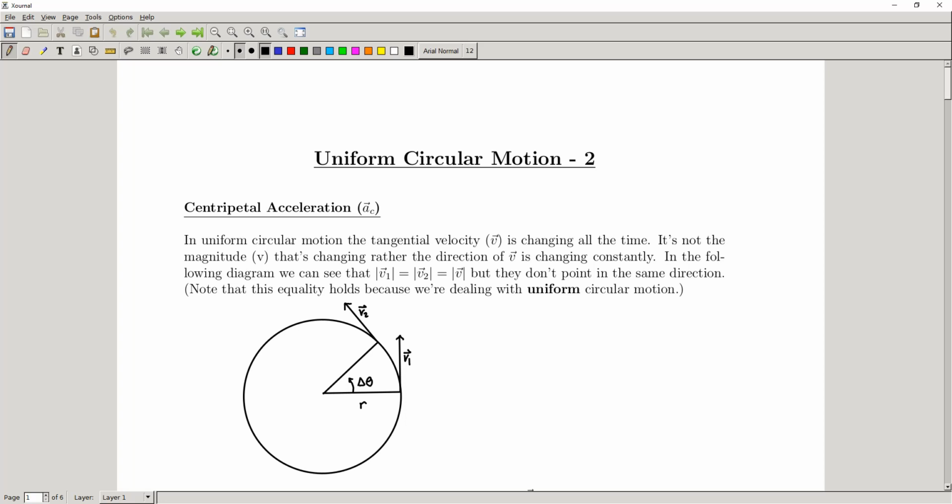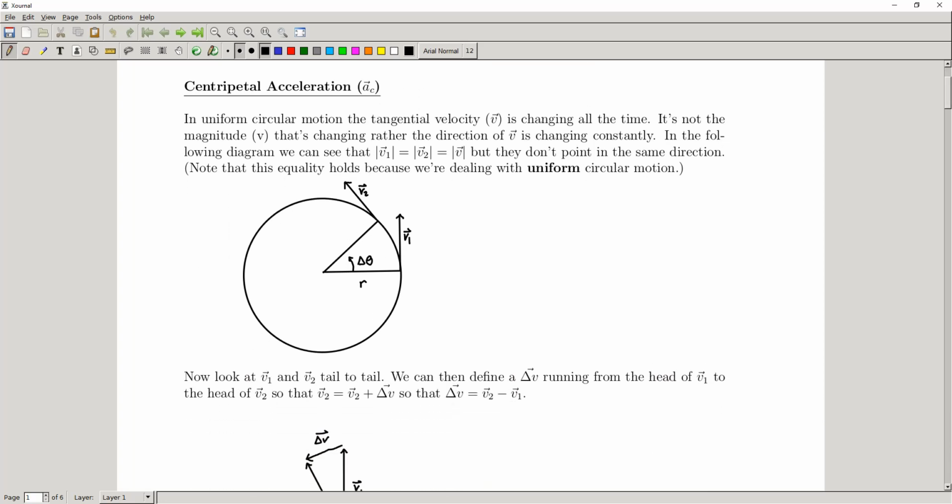So I've drawn this little diagram down here already. And we can see that although the magnitudes of these velocities, the length of these vectors, aren't changing, their direction is changing. So I have the magnitude of v1 is equal to the magnitude of v2, which is just equal to the magnitude of v, which we'll just label some general v.